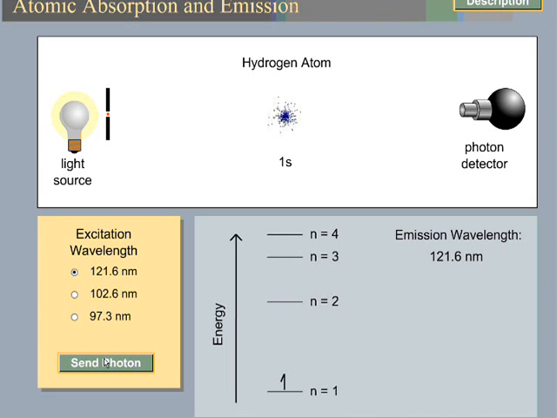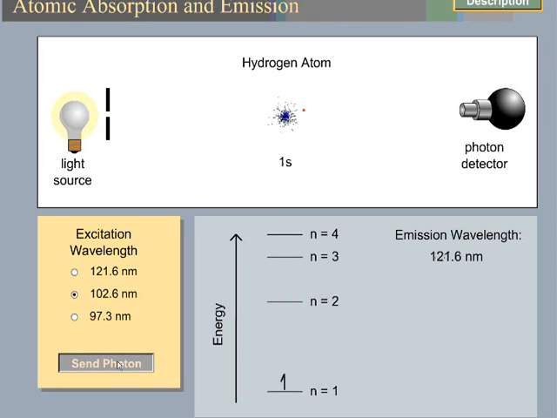Now, if we use a shorter wavelength, now this would be a higher energy, so you can kind of think, well, if I put more energy in, what's going to happen to that electron that's down in the n equals 1 level? Sure enough, we have it go in there, it jumps all the way up to n equals 3.